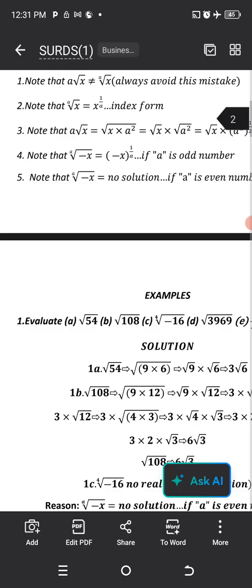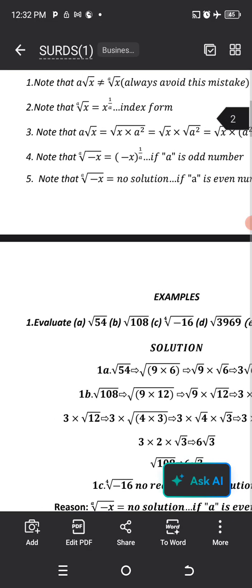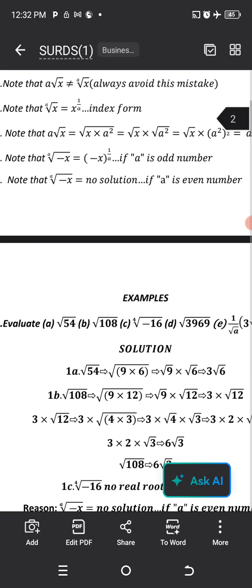There will be a solution if your a is an odd number. But if a in that expression is an even number, there will not be a solution.